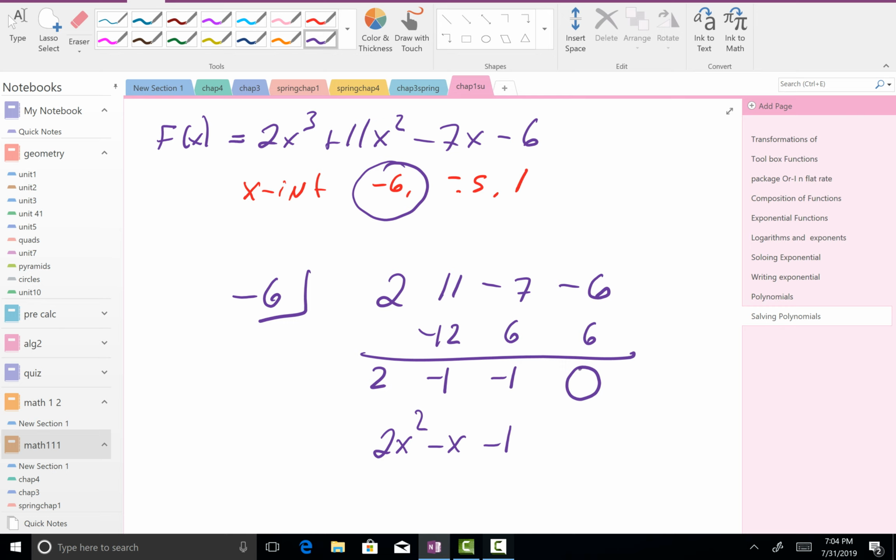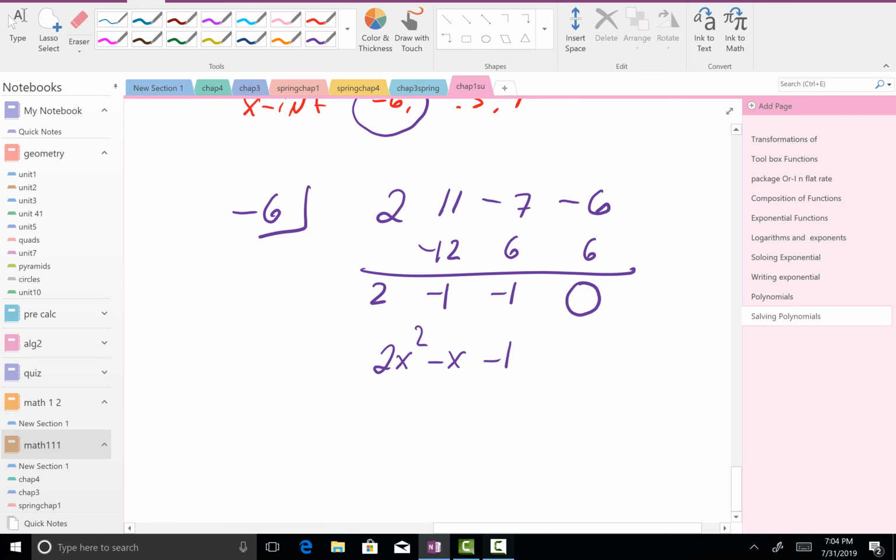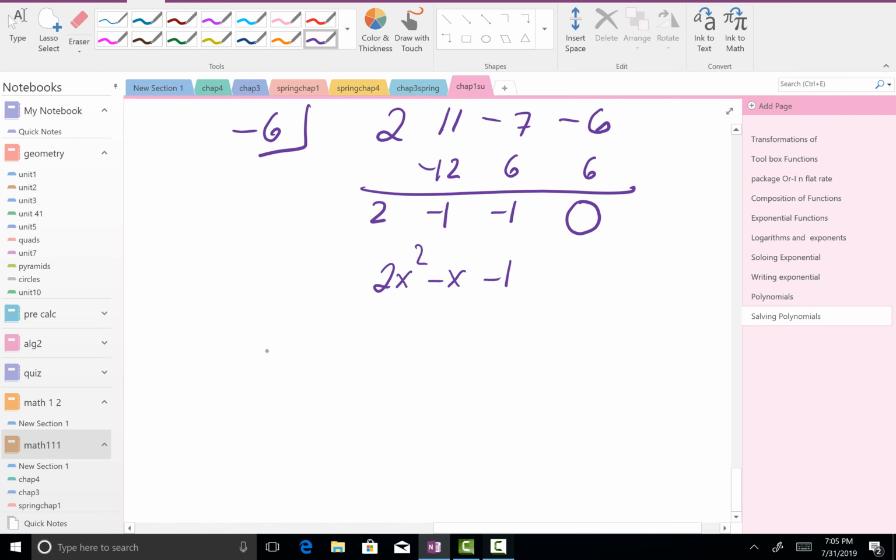Okay? Now, remember I said that in these sections, technology replaces a lot of stuff. One of the things that section 3.2 talks about is the factor theorem.